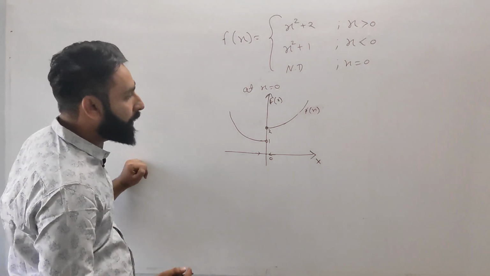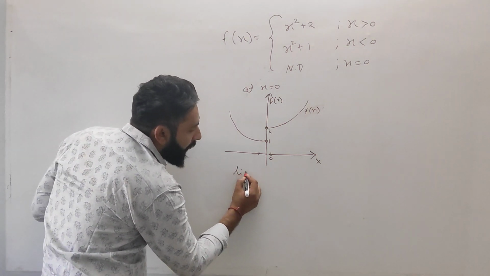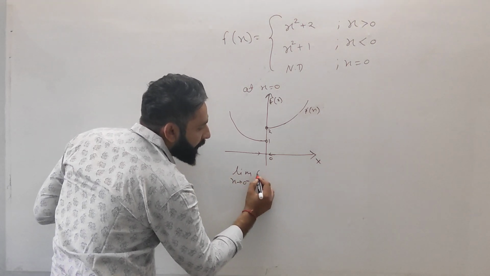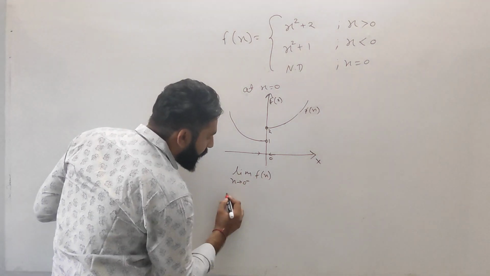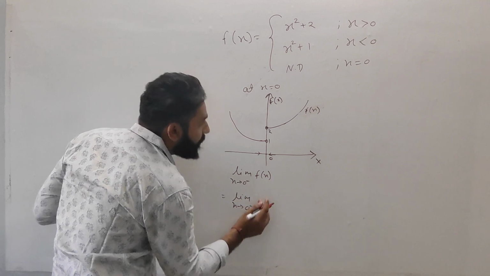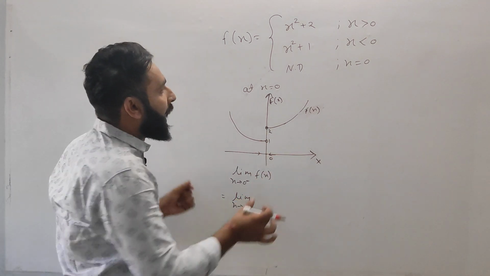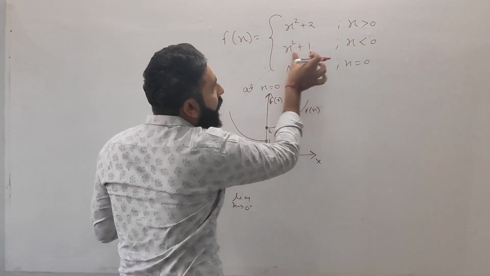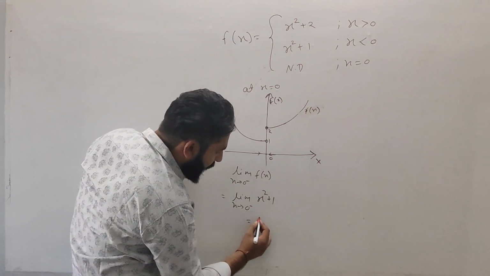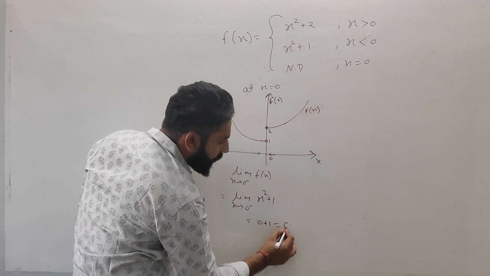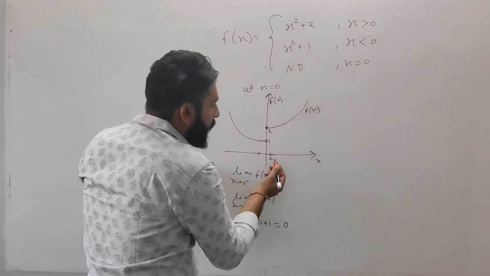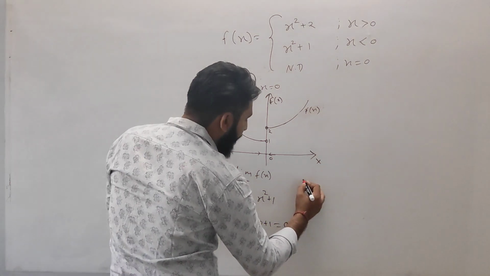So we say that limit x tends to 0 minus of the function f of x, which function we use? x is less than 0, so we use x square plus 1. So simply we put the value 0 plus 1 is equal to 1. And we also find from the right side.